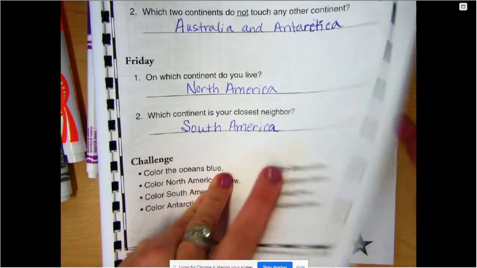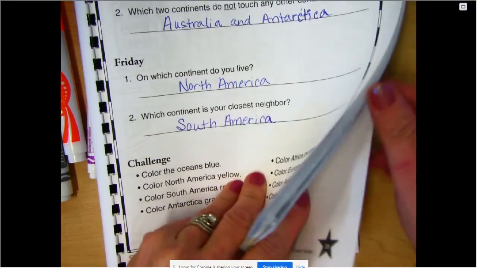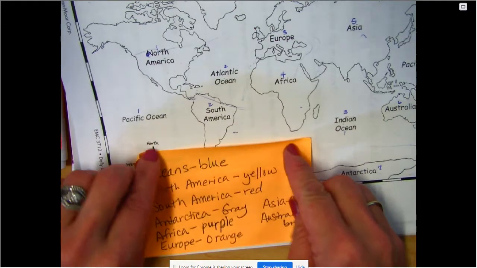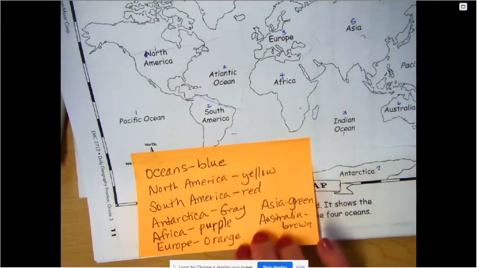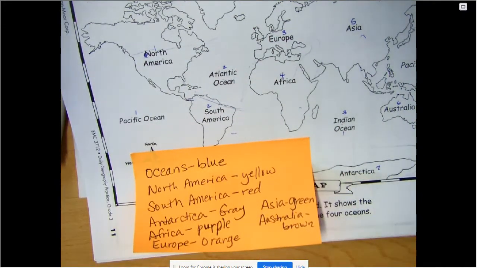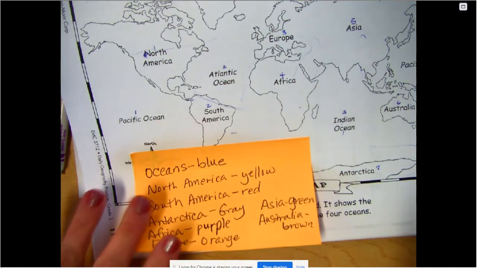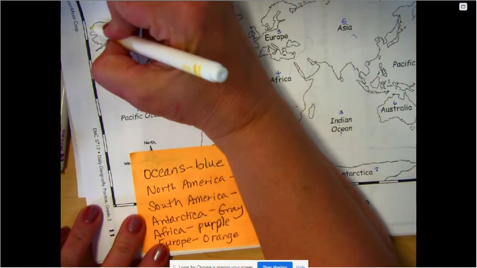And I wrote it down for us, unless you would like to write it down for yourself, which is fine as well. All right. So there's our directions. So the oceans are blue, and then these are the different colors of the continents. I think I'm going to start with the continents just so I don't get too much blue everywhere else.